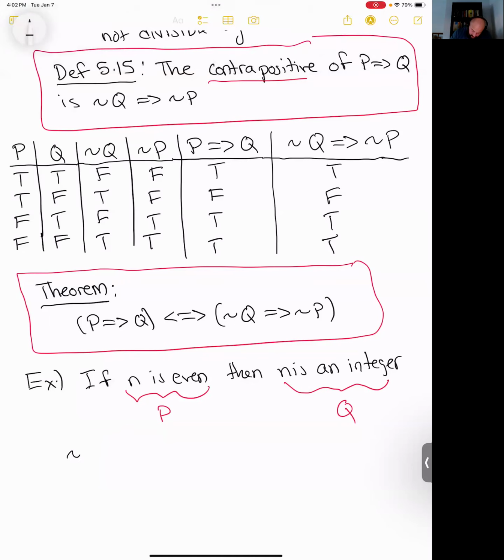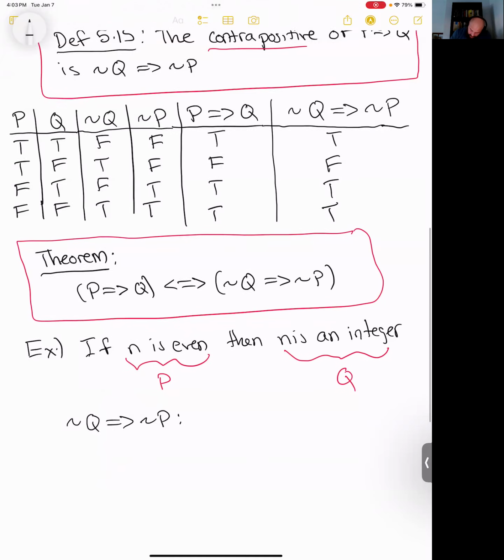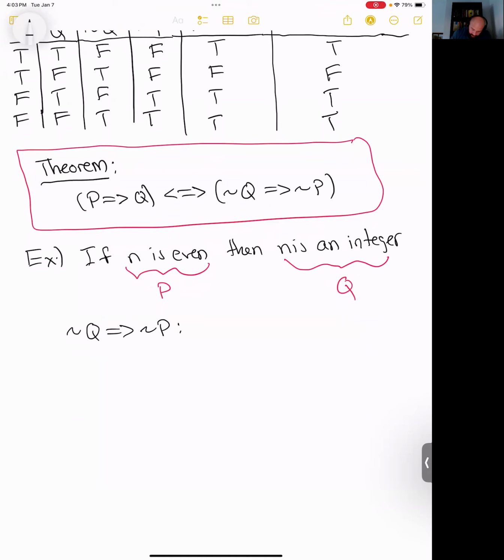And so then the question is, what is not Q implies not P as a statement? And so that is the statement that if n is not an integer, then n is not even.